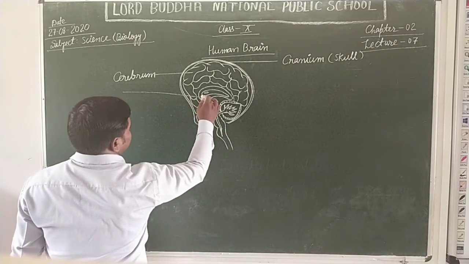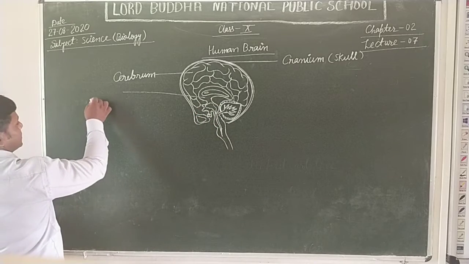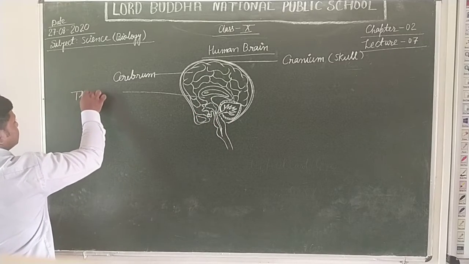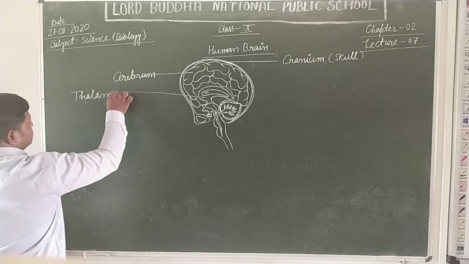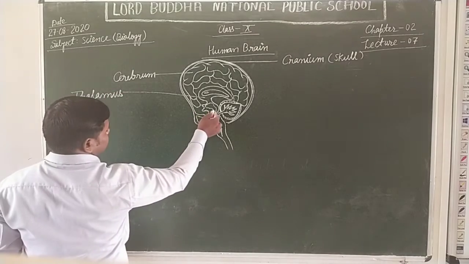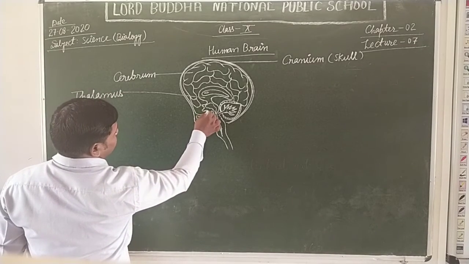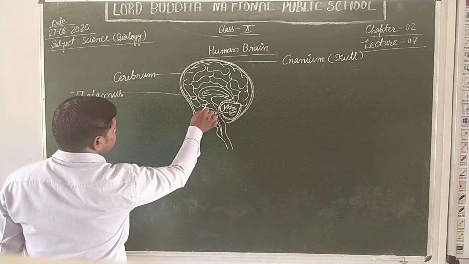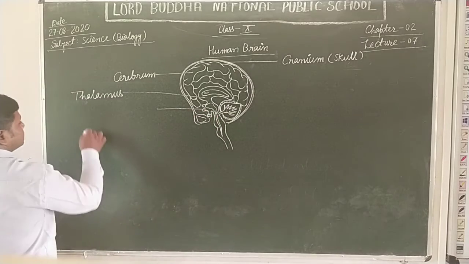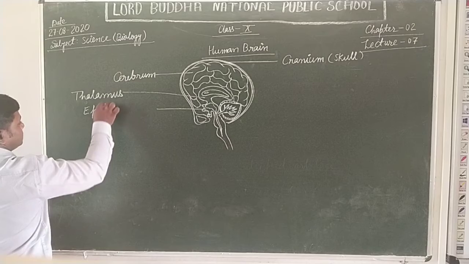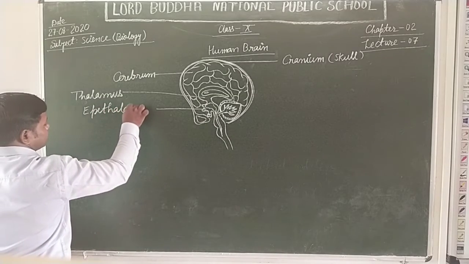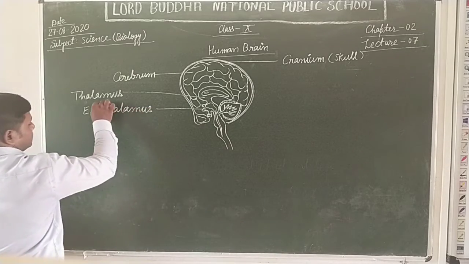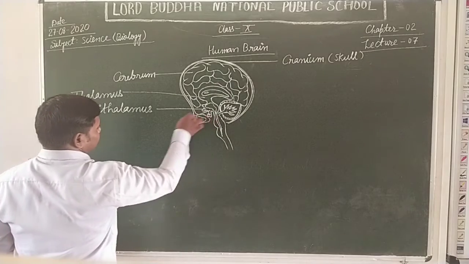This is the thalamus part, and this is the epithalamus. This is the hypothalamus.